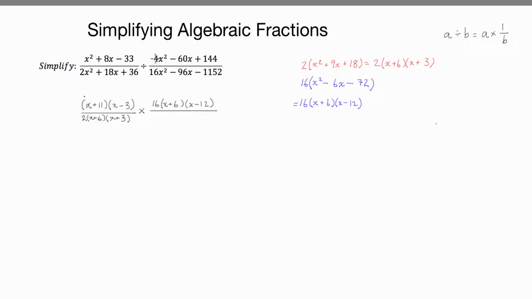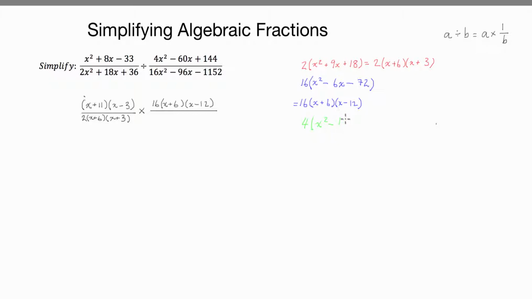Okay, the bottom one. 4 will go into that. So we'll factorise this out by 4 to start with. So we have 4 x squared. 4 goes into 60 15 times. Yep.